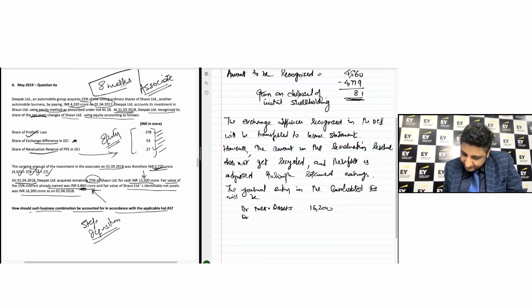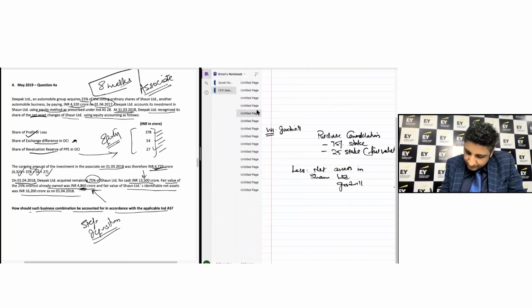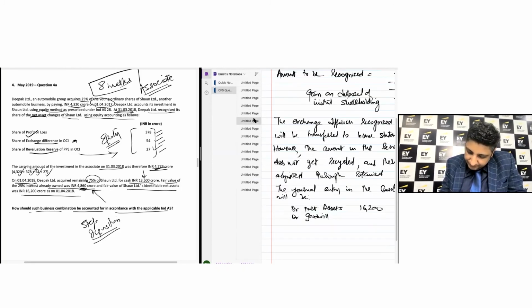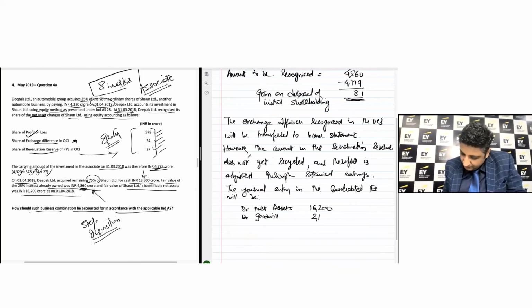We say debit goodwill that we calculated, which is 2160. So let's take that number. Debit exchange difference, which is OCI, which is 54. Debit revaluation reserve, which is also sitting in OCI, that is 27.